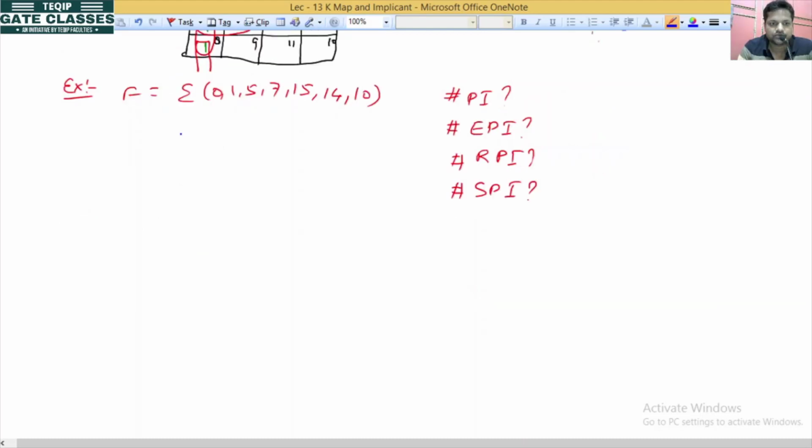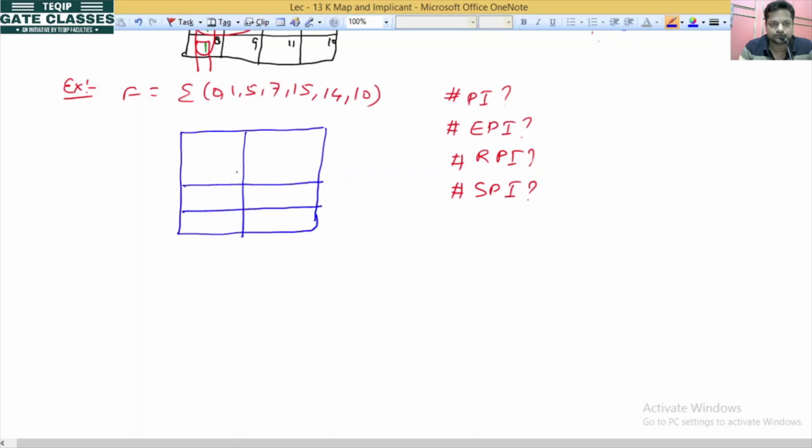Again it is a 4 variable K-map. So form that 4 variable K-map. 0, 1, 2, 3, 4, 5, 6, 7, 8, 9, 10, 11, 12, 13, 14, 15.